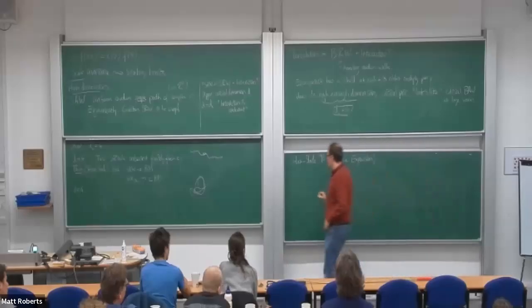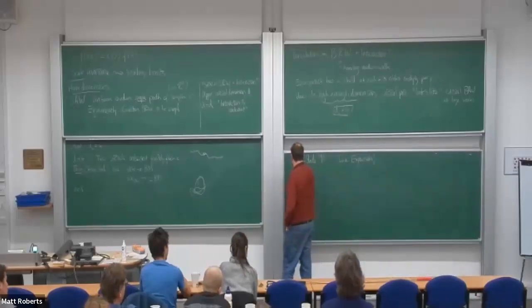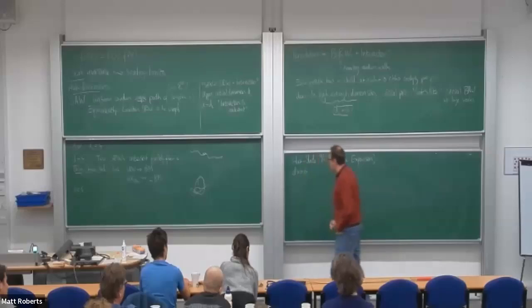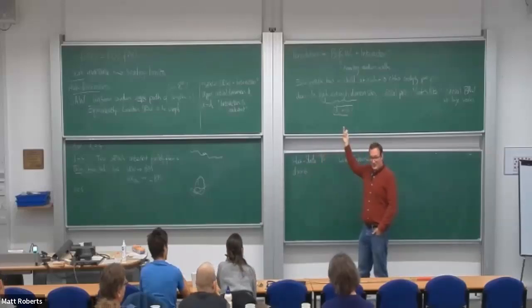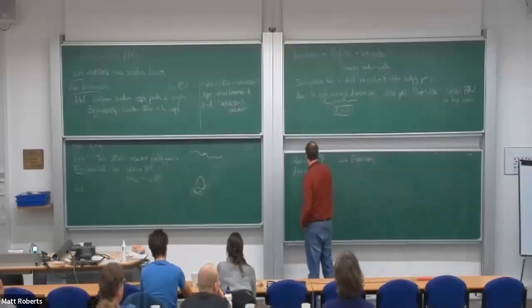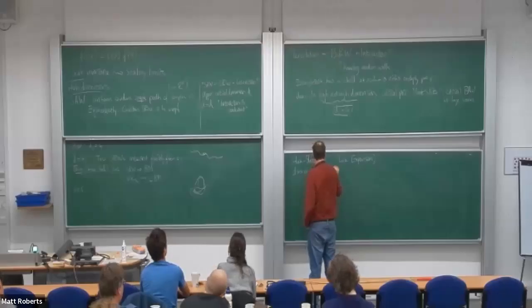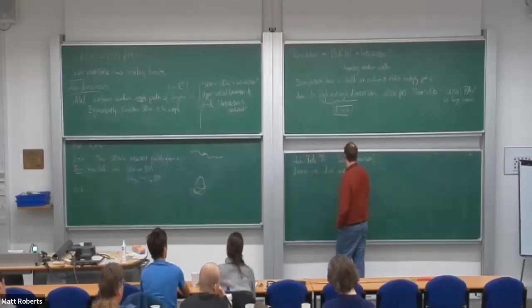And what they showed is that if D is large, and this is why I wrote D much bigger than 6, because you actually should only have this behavior down to 6 dimensions, or D strictly larger than 6, and spread-out lattice.